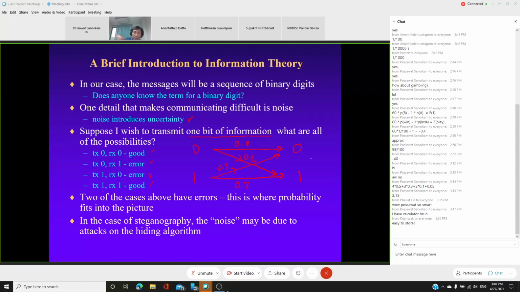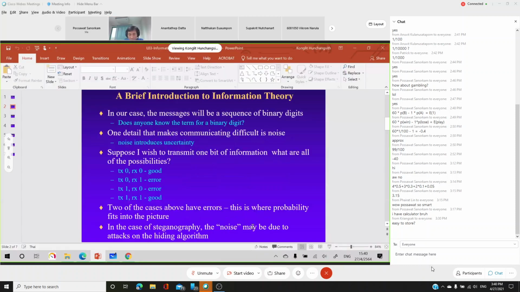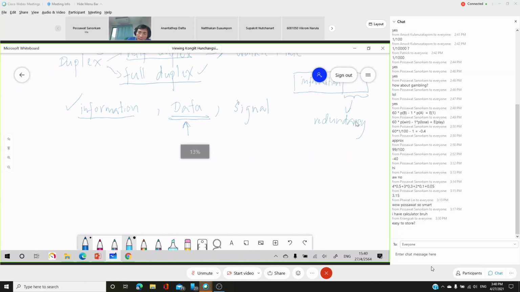And using this binary channel model, we have not gone anywhere about information that much. Let me go back. I'll draw here. 0, 1.